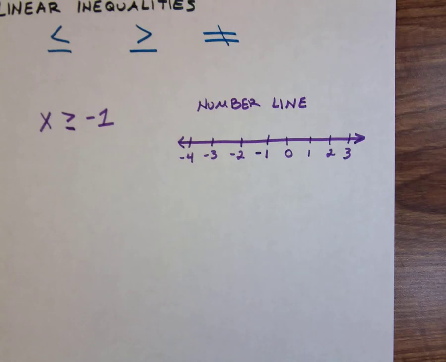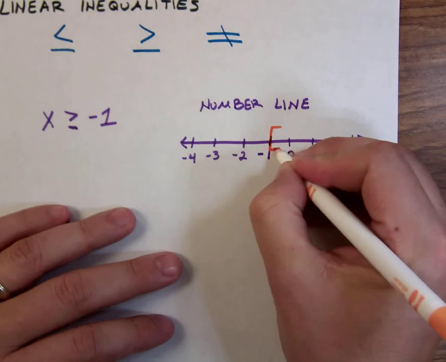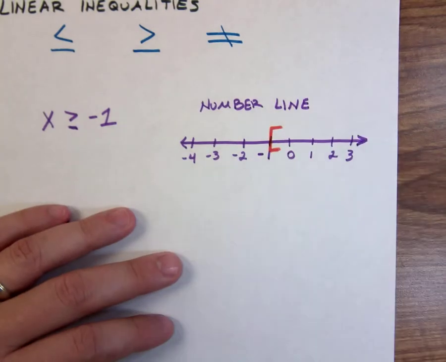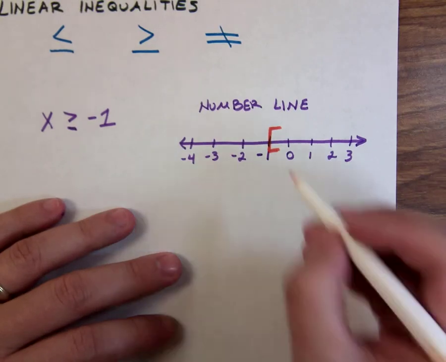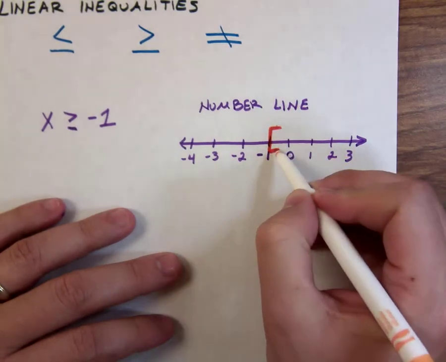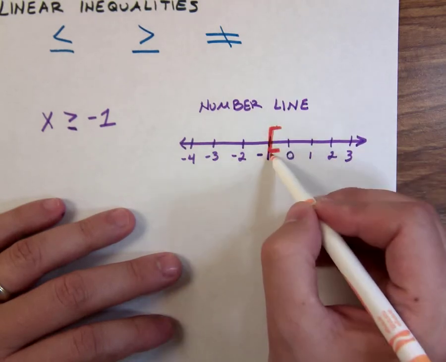So here's how I do that. I'm going to put a bracket right here. Now that bracket signifies two things. One of the things that bracket signifies is that -1 is the lowest number I will have in my set of numbers. The bracket means include -1. So this is just the number -1.